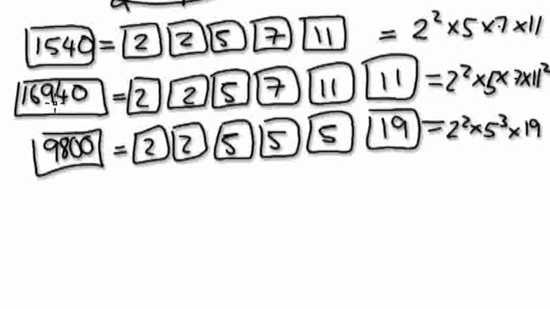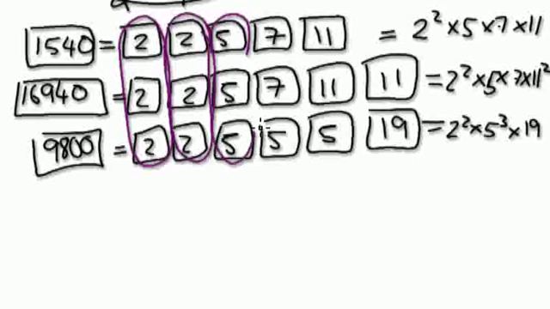Let's carry on. The highest common factor of these 3 numbers, you've got to look for what's in common. Well, the 2 here, and another 2 here, they're all in common. 5 here, even though you've got an extra 5 here, you've run out of 5s up here and up here, so that extra 5 is not in common with all 3.